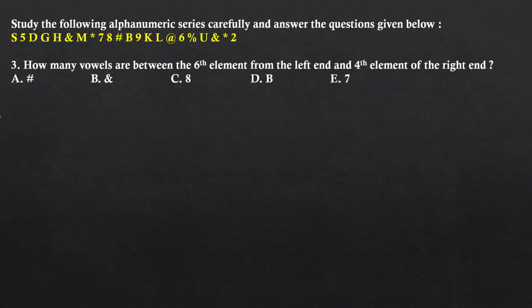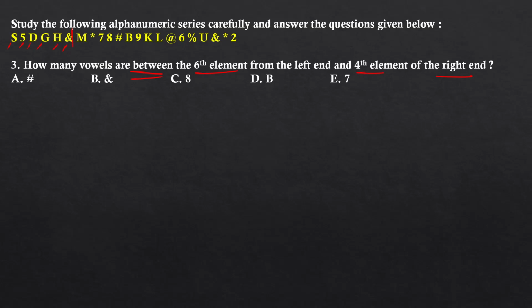Next one. How many vowels are between the sixth element from the left end and the fourth element from the right end? Here it is between, so we don't have to add or subtract them. Just count as it says. Sixth element from the left end: one, two, three, four, five, six.